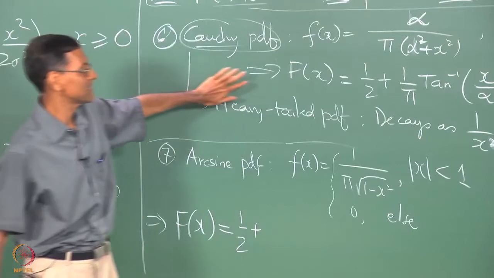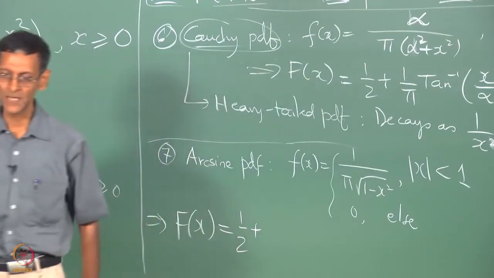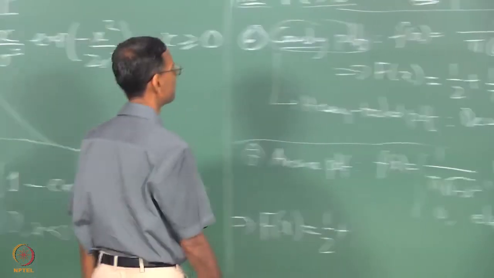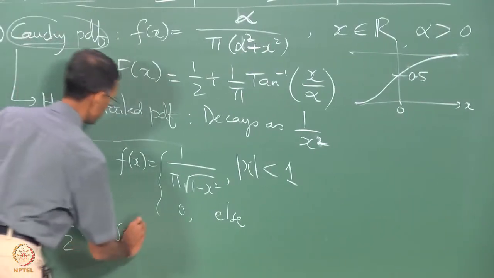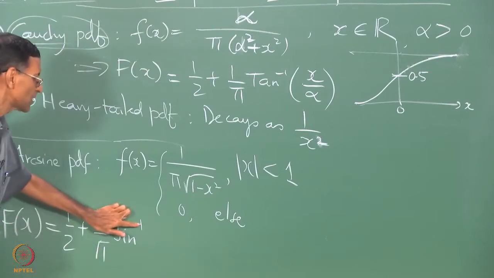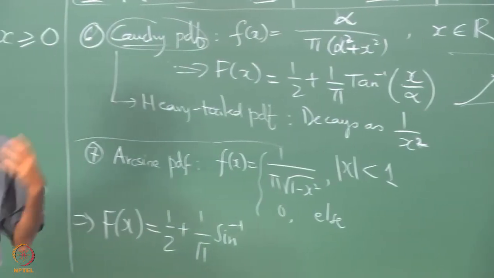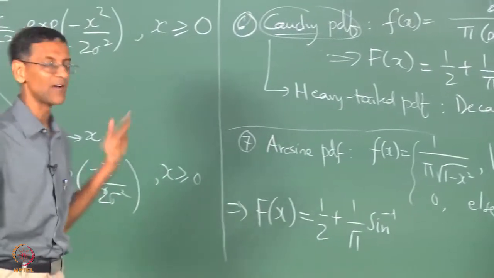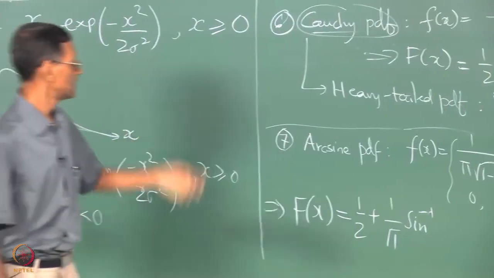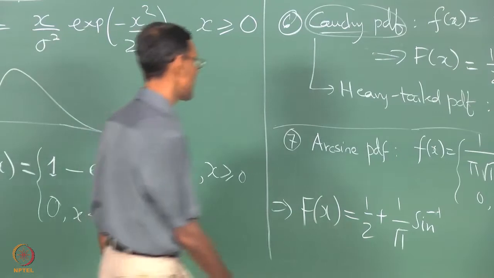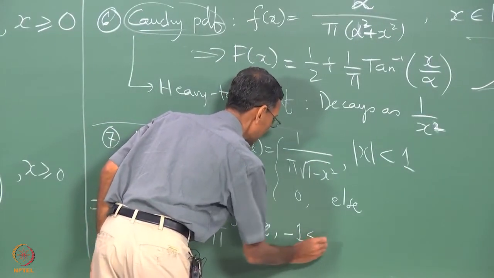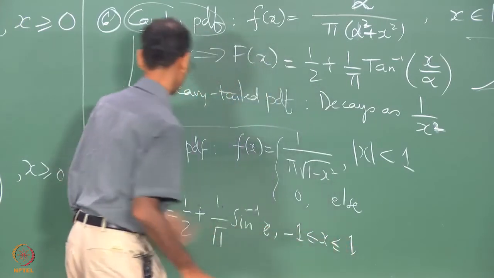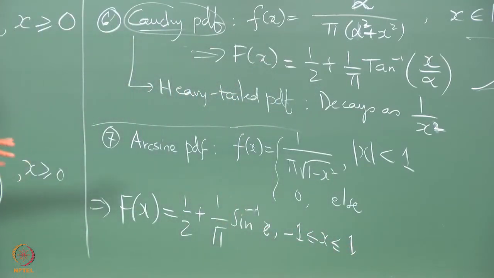It is exactly like this, except that the tan inverse becomes a sine inverse. We will write these inverse trigonometric functions with just the minus 1 superscript, instead of arc sine and arc tan and so on. So arc sine or sine inverse of just x, and this expression is valid only for minus 1 less than x, you can say even equal to. What is the value at minus 1? It turns out it will be 0.